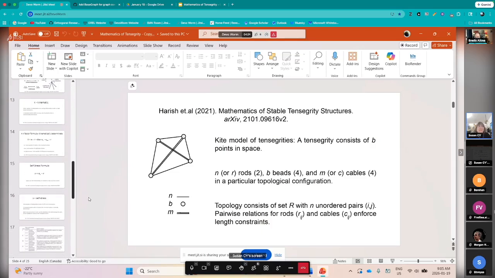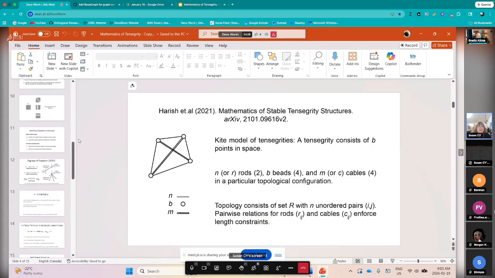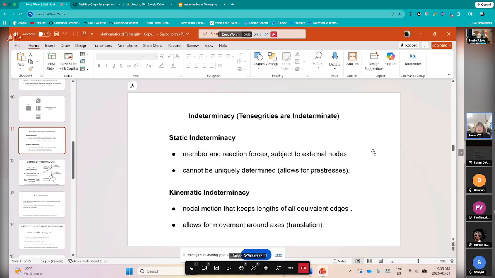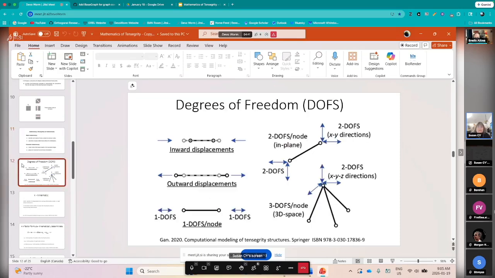And then I added, you had this about whether it's static, determinate or indeterminate, and it has to do with the degrees of freedom.